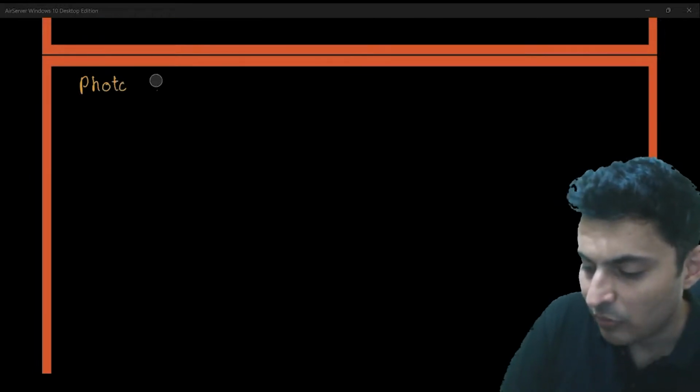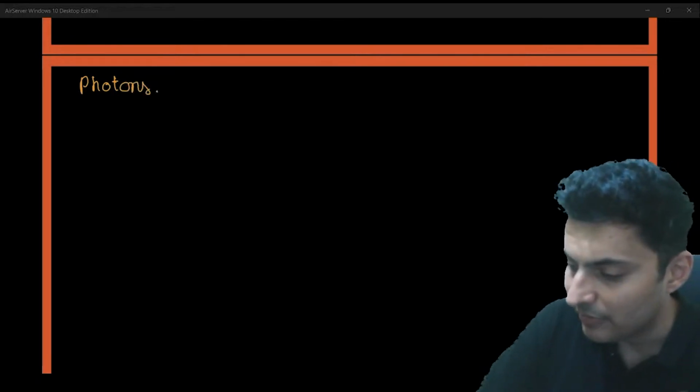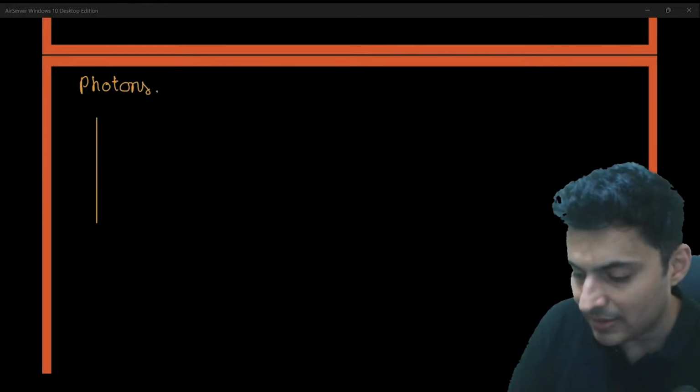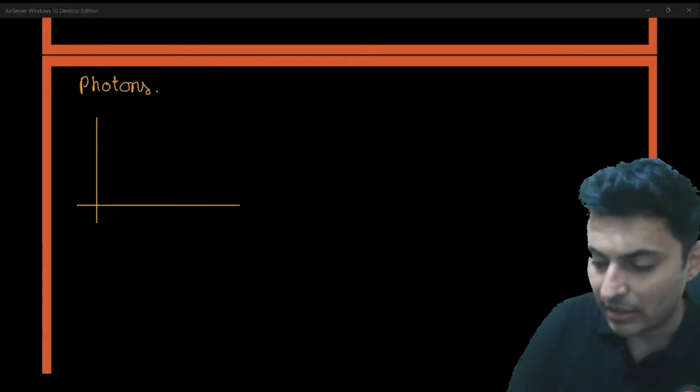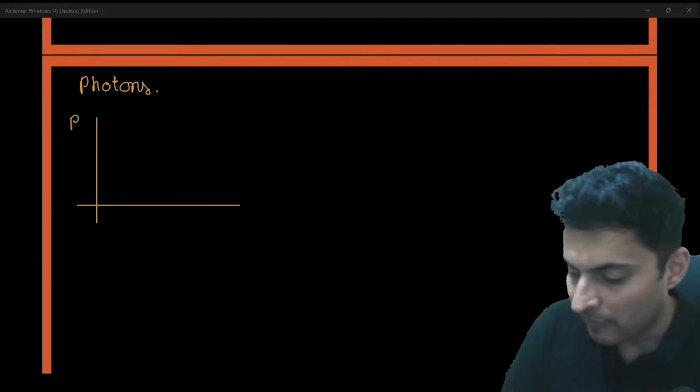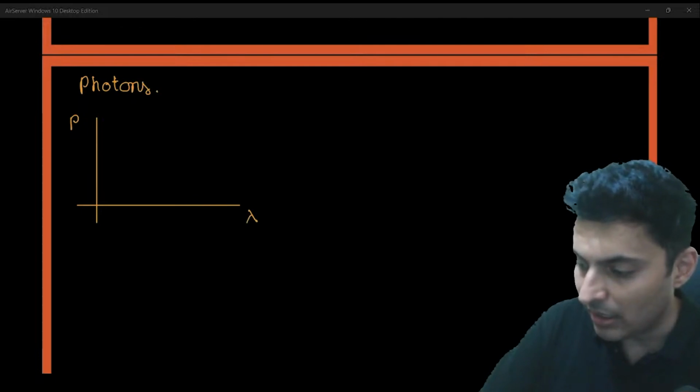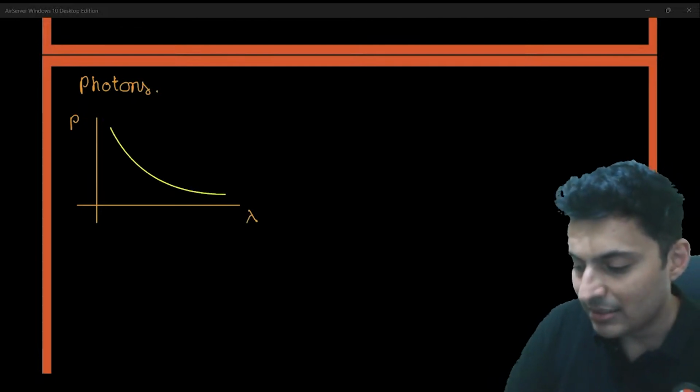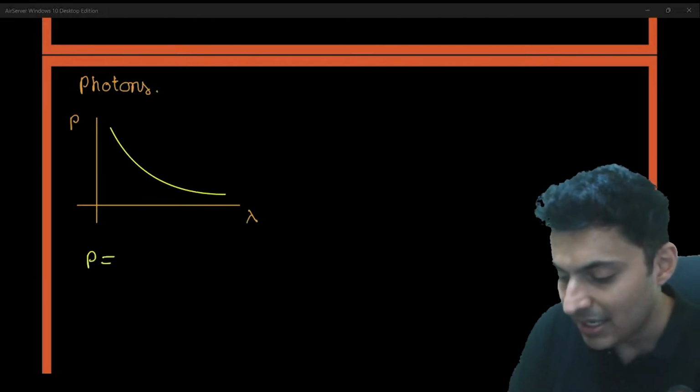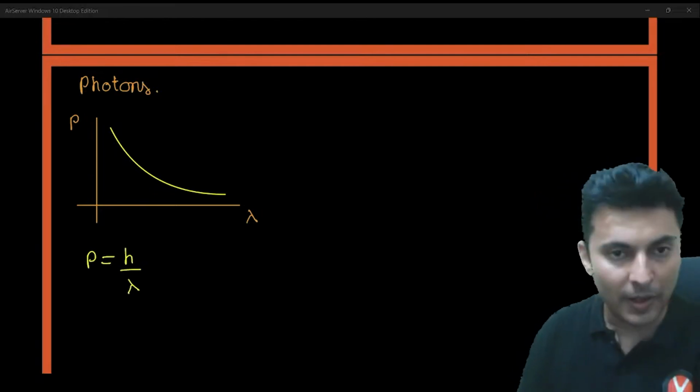But before that, for photons, do we have any graph? Yes, we have. One is the graph of momentum versus wavelength, which is one like this, because momentum is h by lambda.